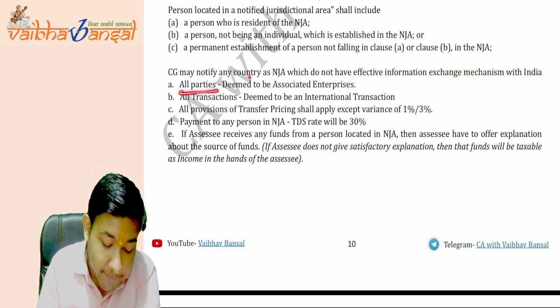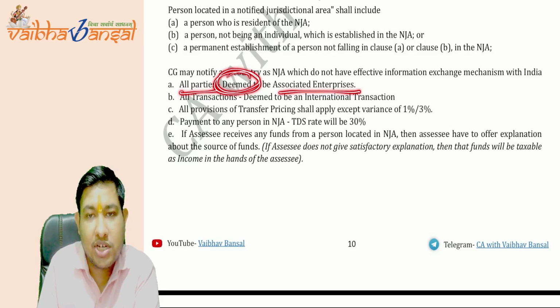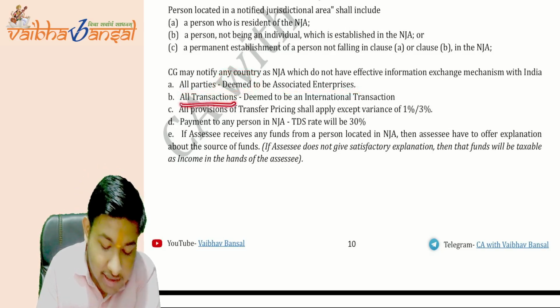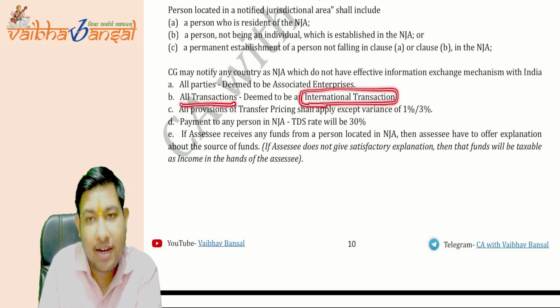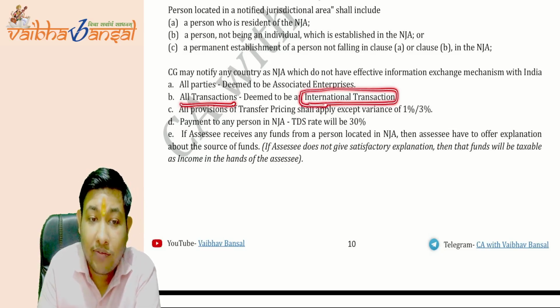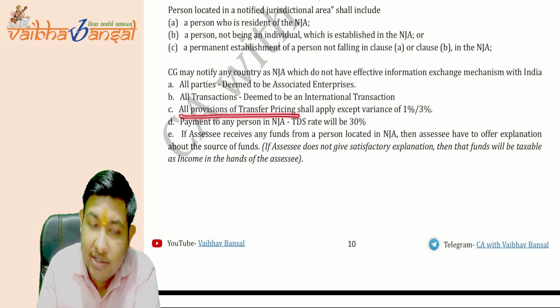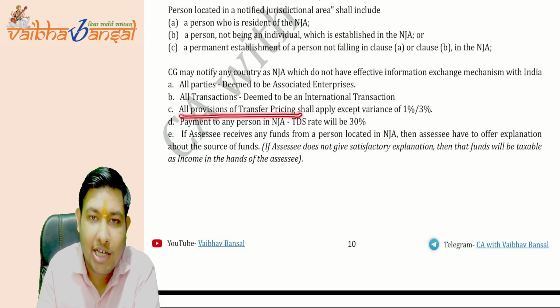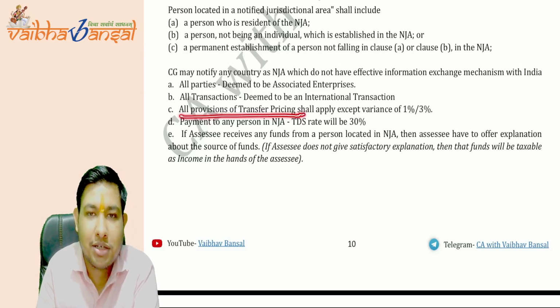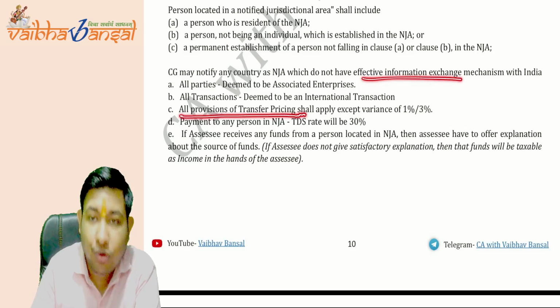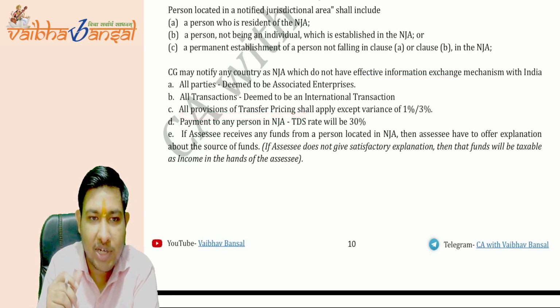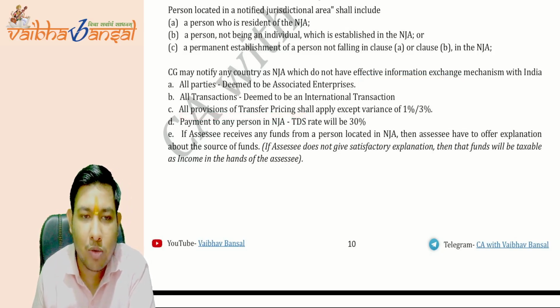So all the parties will be deemed to be associated enterprises, and all the transactions will be deemed to be international transactions. And we have said that all the provisions of transfer pricing shall apply, but here we are harsh, because these are notified jurisdictional areas which have no effective exchange of information mechanism. So the government does not want to be lenient on them.